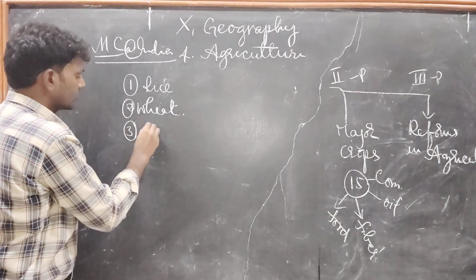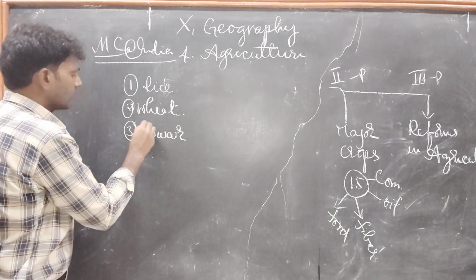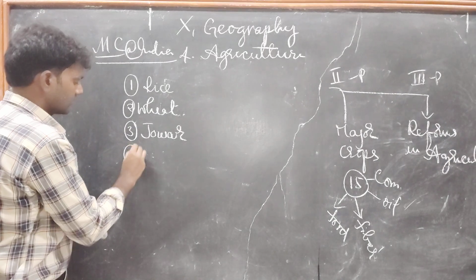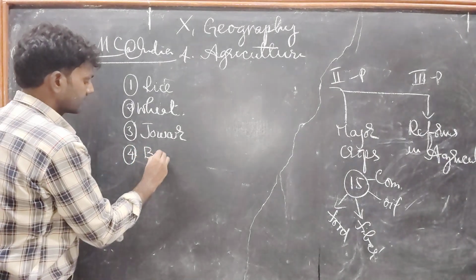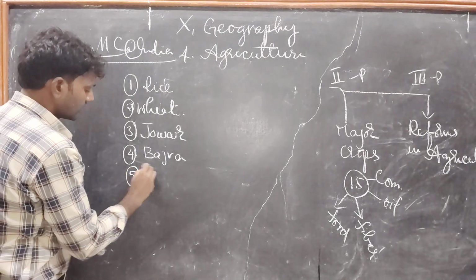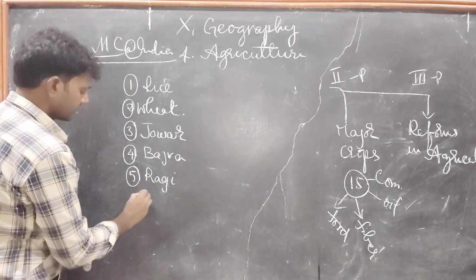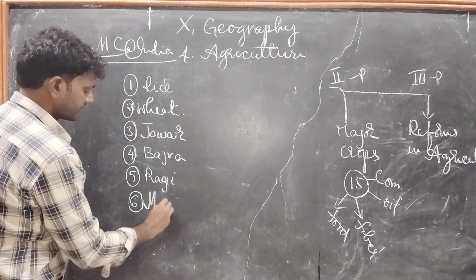Third crop, jowar. Fourth one, bajra. Fifth one, ragi. Sixth one, maize.